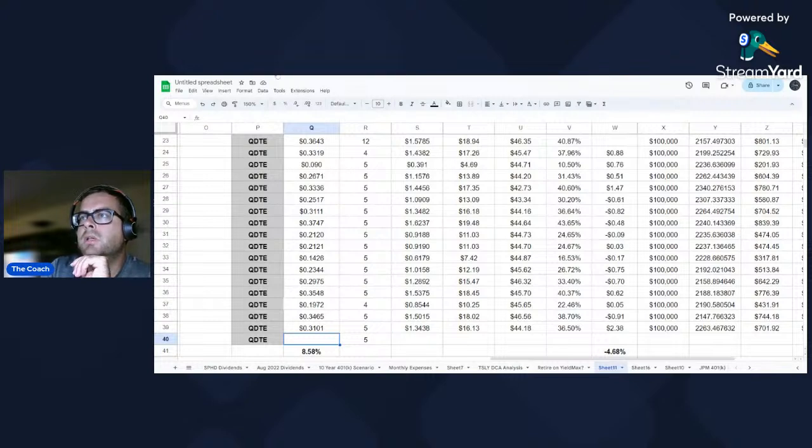So for QDTE, we had, let's see, we had over here 0.354109. All right, let's put that bad boy in there. So 0.354109 is here.